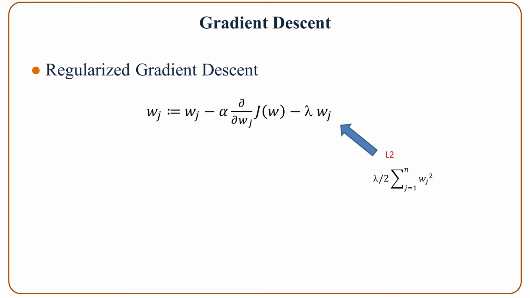So if we add the regularization term in the cost function, then the update rule would be changed, and there would be an additional term like this. So for each weight, we would have something like lambda times that weight.